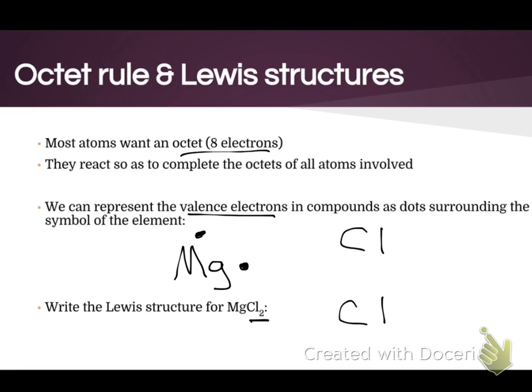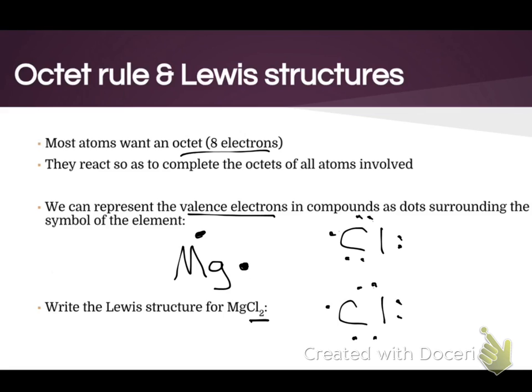And chlorine is in group 17, so that means there's 7 valence electrons. So when I fill these in, I'm going to choose to do 1 on each side until it's full like this, and then I start to pair them up. So 7 valence electrons for both. So these are the elements that are participating in the compound.